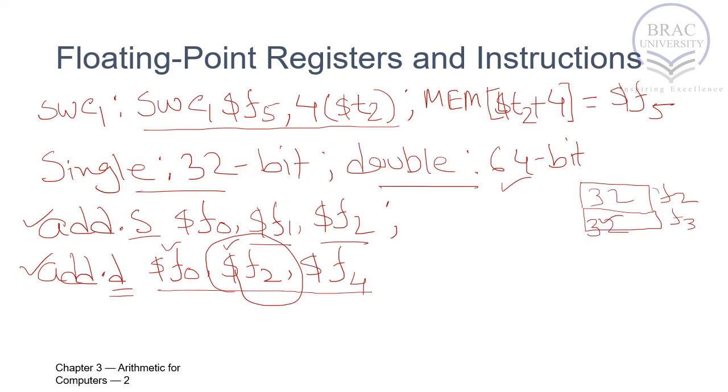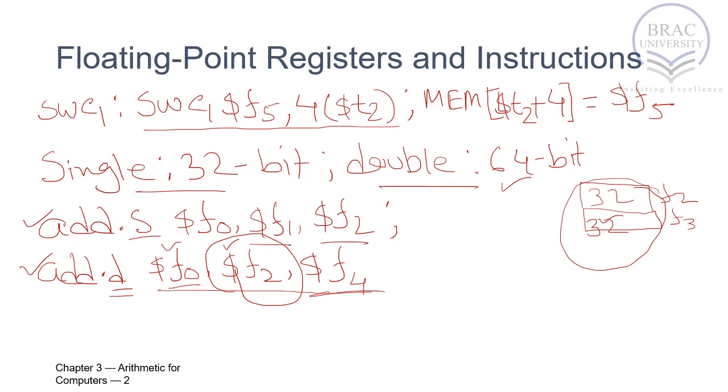If you combine both of these, that means we have 64-bit. So when we have source 1 equal to F2, that means the instruction automatically takes F3 along with it as source 1. Similarly, when we have F4, the instruction automatically takes F5 as source 2, and for destination, when we have F0, the instruction automatically takes F1 as the destination. So this is how double precision values are handled.